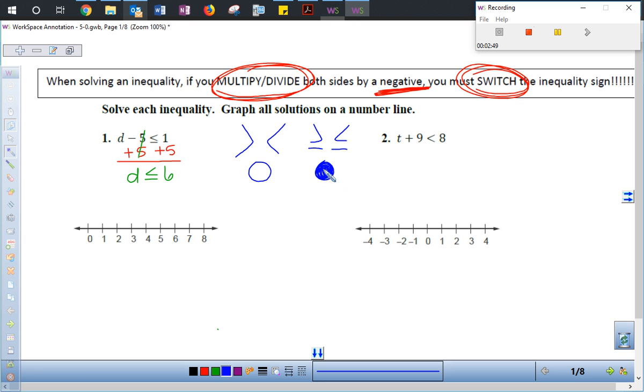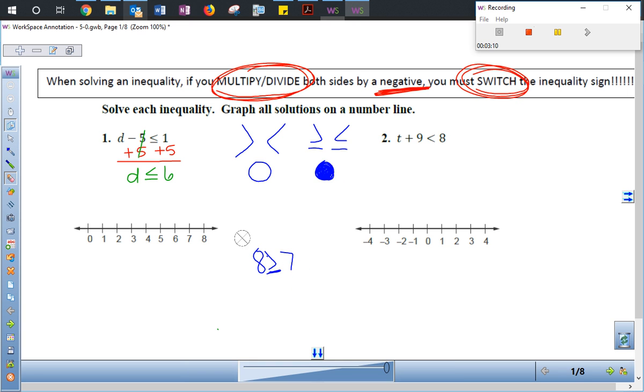And the reason for that is when something is greater than something else, for example, 8 is greater than 7, 8 cannot equal 7. So I would put an open dot there to show that it can't actually equal that number. But if 8 is greater than or equal to 7, we would put a closed dot because we would know that it could also equal 7.